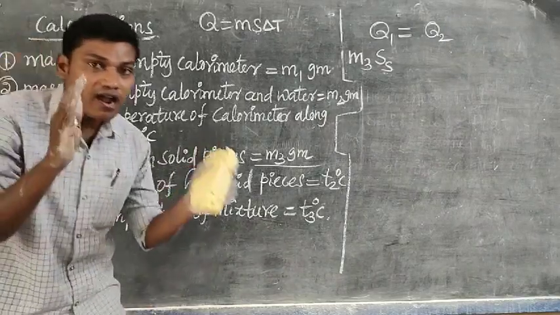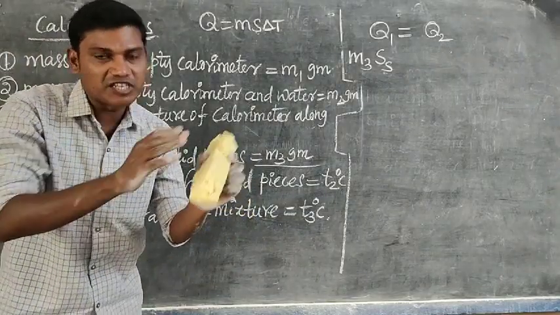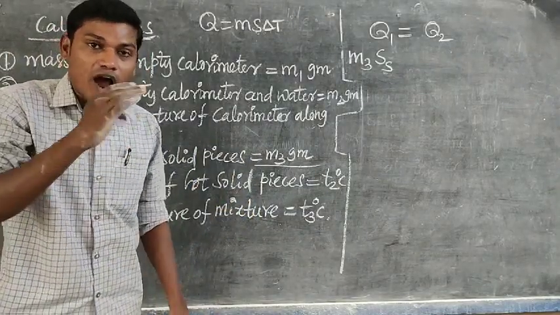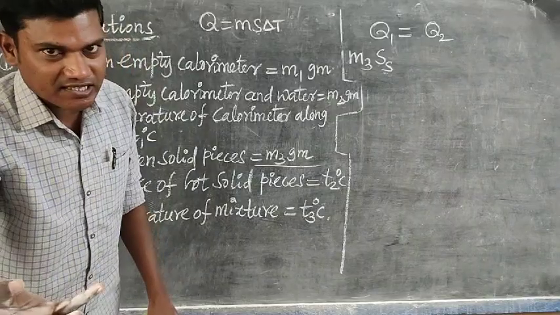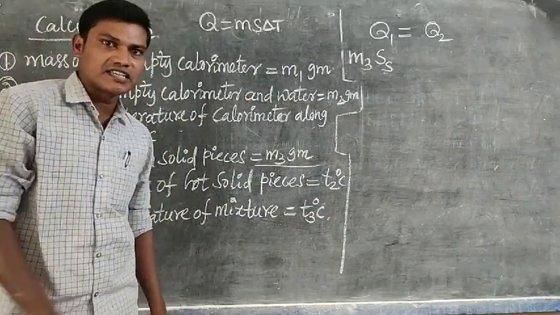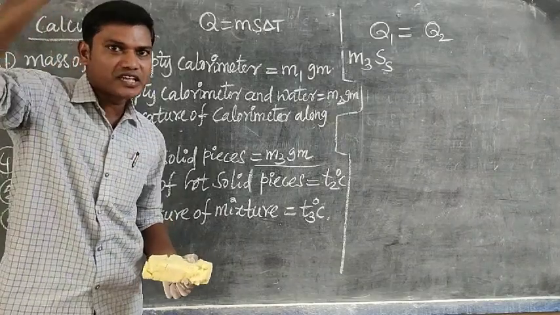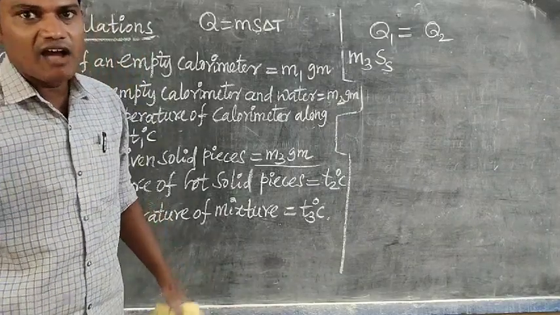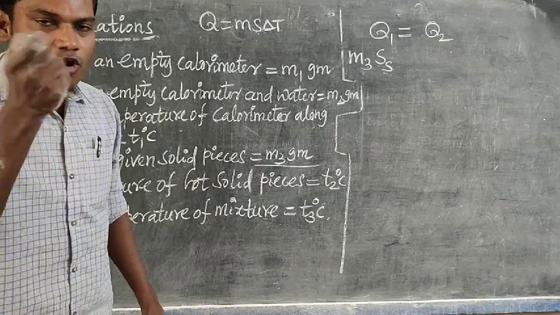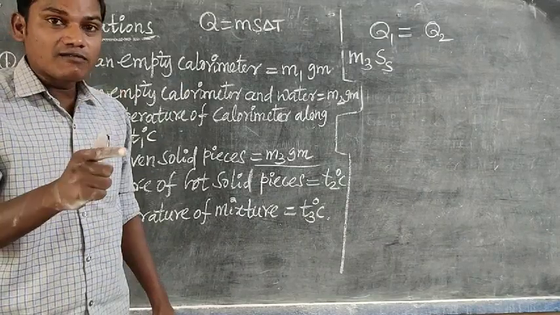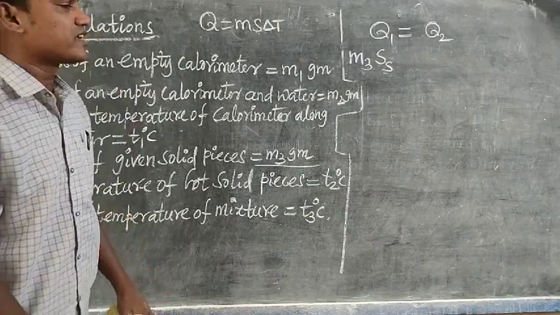I say that according to the method of mixtures, hot body temperature decreases and cold body temperature increases. When comparing, the hot body temperature is always higher than the final temperature, and the cold body temperature is always lower than the final temperature in the mixture.